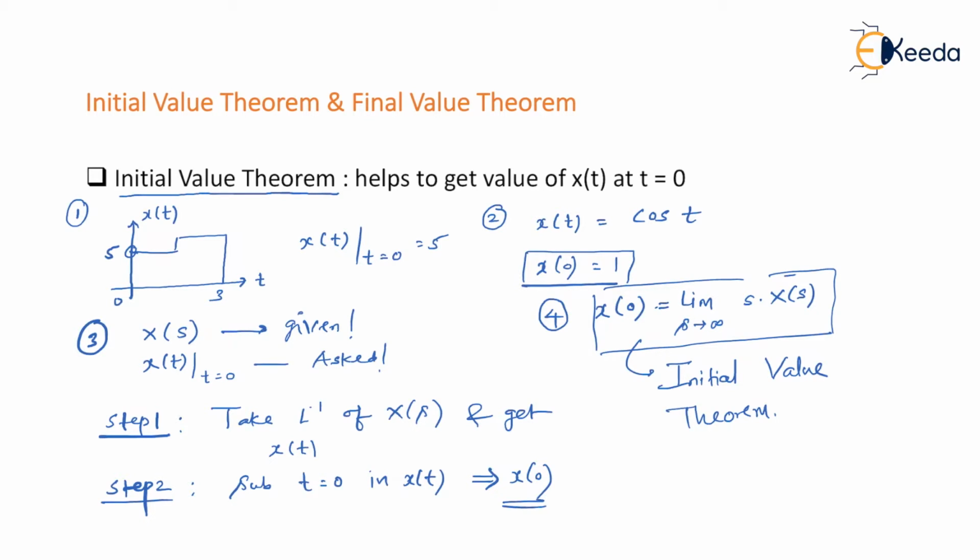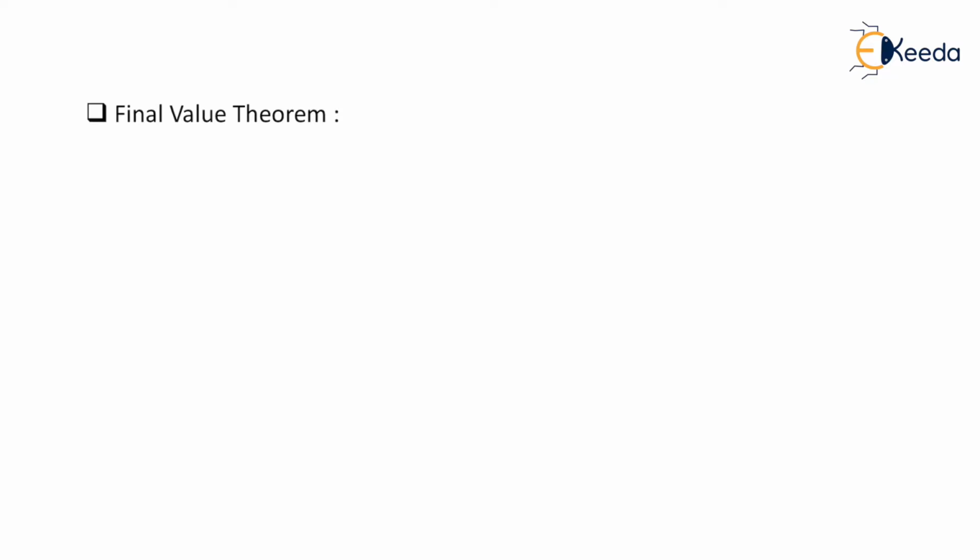Let us start with the final value theorem. What is meant by the final value theorem? Like the initial value theorem helps you get x(0) from X(s), the final value theorem helps you get the value of x(t) when t tends to infinity. When you substitute the value of t as infinity, what you get is x(infinity).